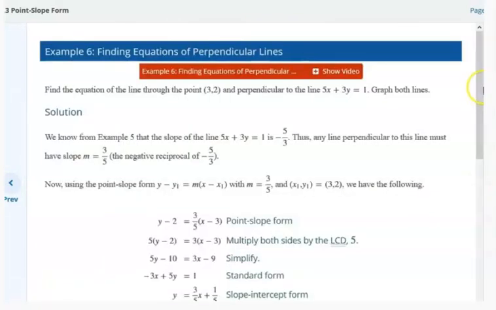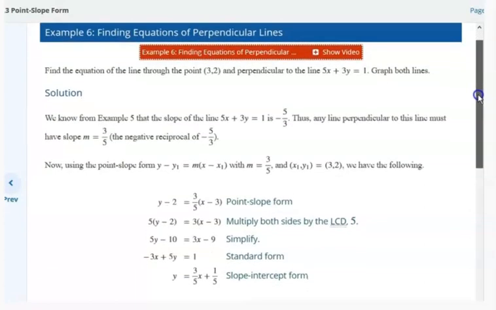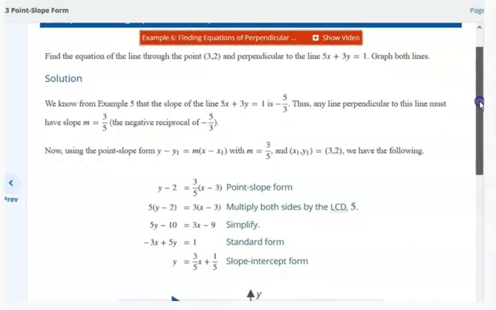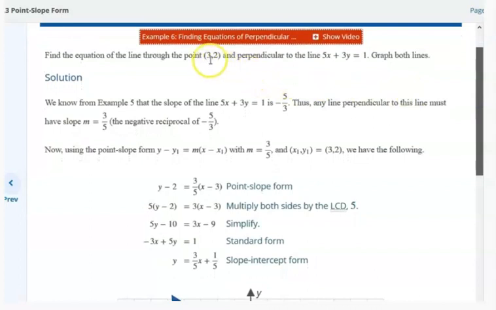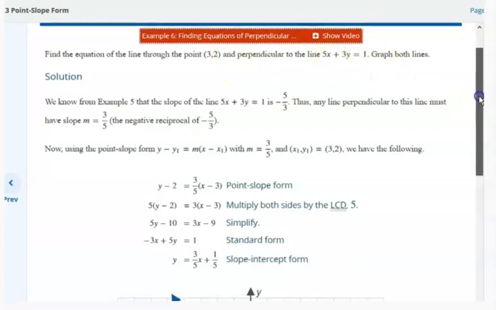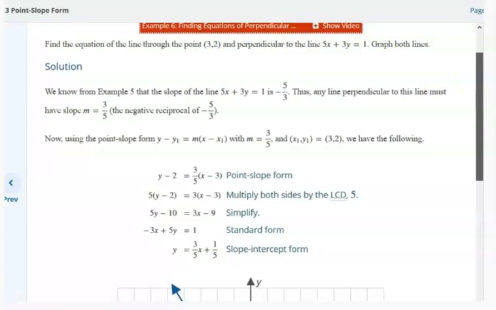Now for our last example, example 6, we're asked to find an equation of a line that's perpendicular. Well, we're going to use the same equation and the same point, but now we want to find a line perpendicular. Well, if our original slope, once we found that out, was a negative 5/3, what would be the slope of a line perpendicular?